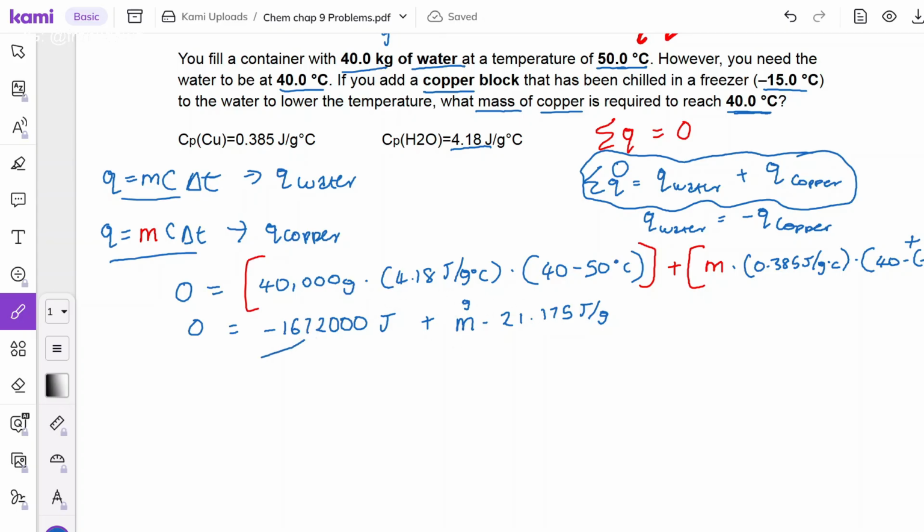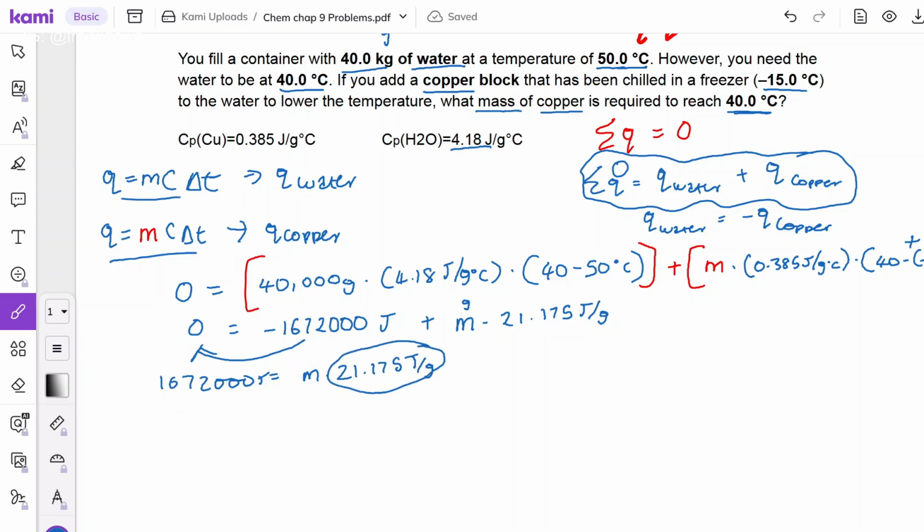So we'll move this to the other side, and it becomes 1,672,000 equals M times this. And now you divide both sides by this to leave M isolated.